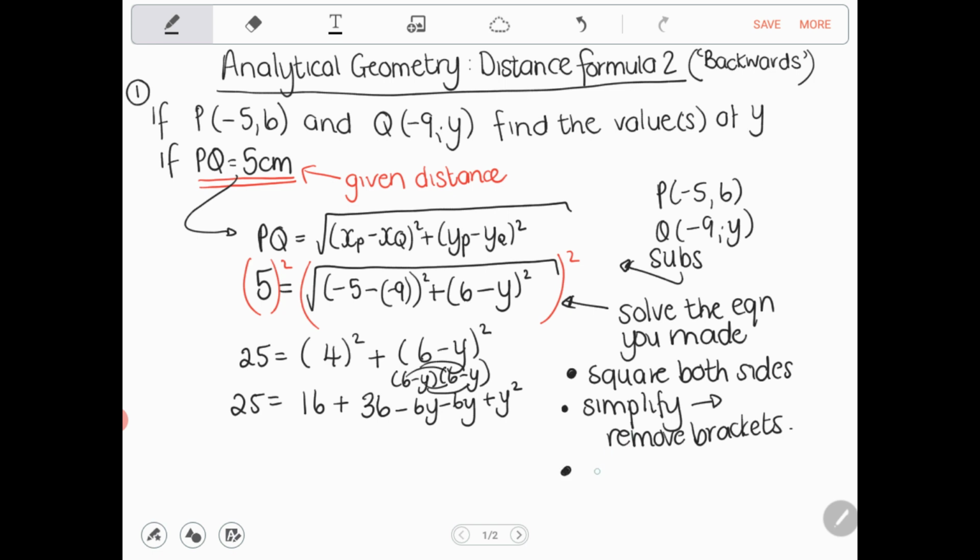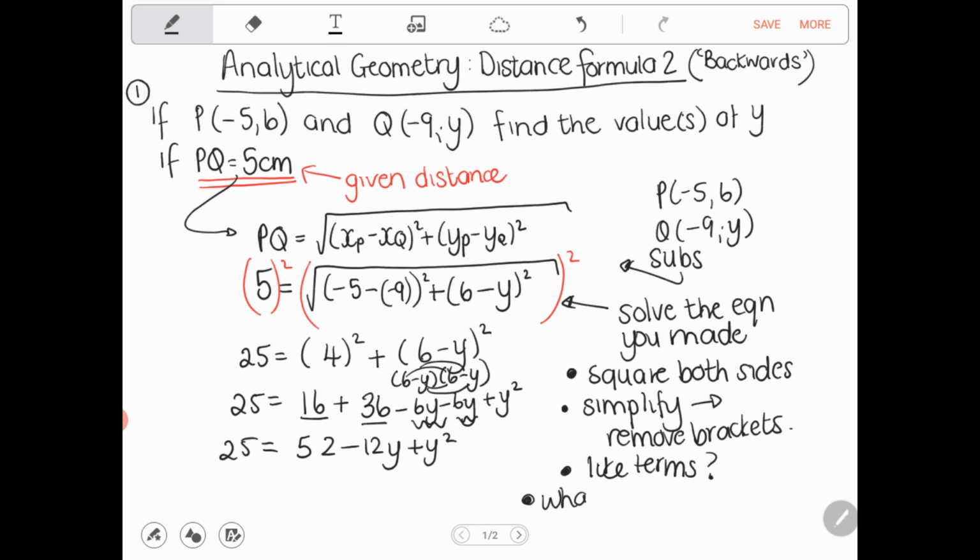All right, then we're going to get our like terms together. So 25, nothing to go with that. Those two can go together, and the y's can go together. Okay, so I've got 16 plus 36, which is going to give you 52, minus 12y, negative 6 and negative 6 give you a negative 12y plus y squared.